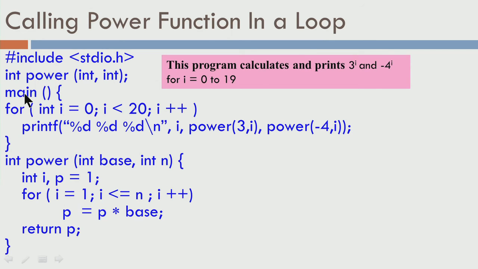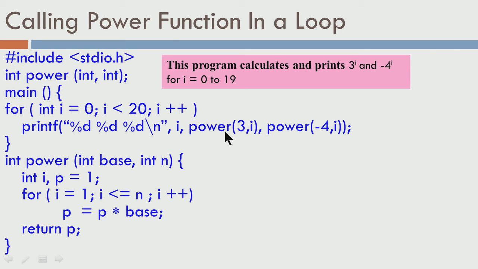So this is a slightly more complicated control flow. We start here with main, the first line after that is a for loop. The for loop will initialize i equal to 0, and check if i is less than 20 or not. When it is 0, it is less than 20 and it comes to this line. When you go to printf, it actually requires i, 3 power i and minus 4 power i; only if you know the values can you print them.